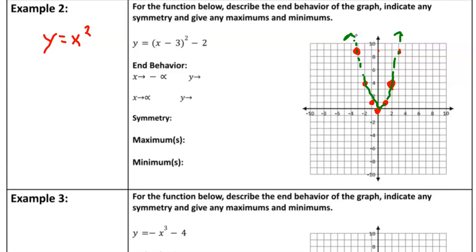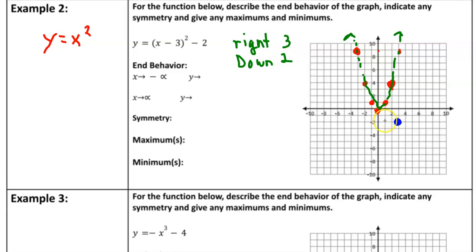Okay. So they want you to shift this thing right 3 and down 2. So I'm going to take this thing here, I'm going to move it right 1, 2, 3, and down 1, 2. So here's where my new vertex is. So then I'm going to take those points and do the same thing.